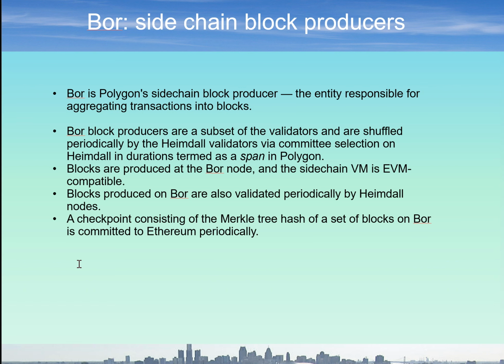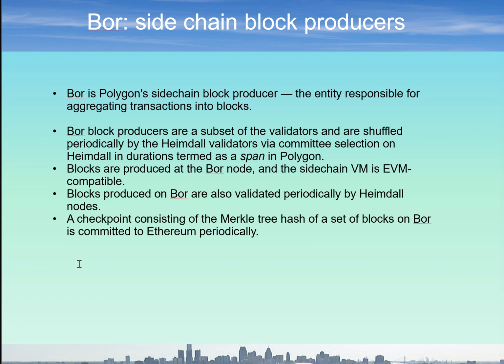Finally, Bor is a sidechain which corresponds to a sidechain block producer. So this is the entity that is responsible for aggregating transactions into blocks. And Bor block producers are a subset of validators, which are selected based on the amount of stake they put into the contract.